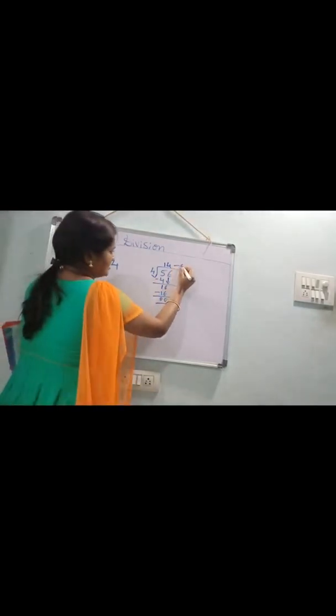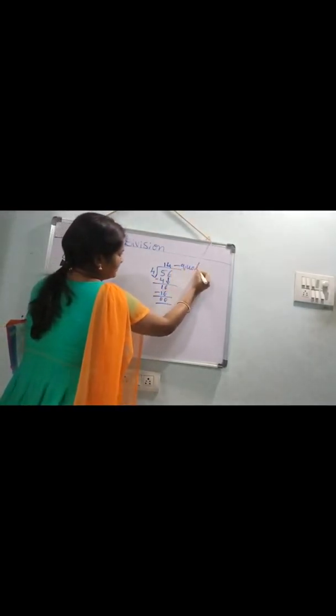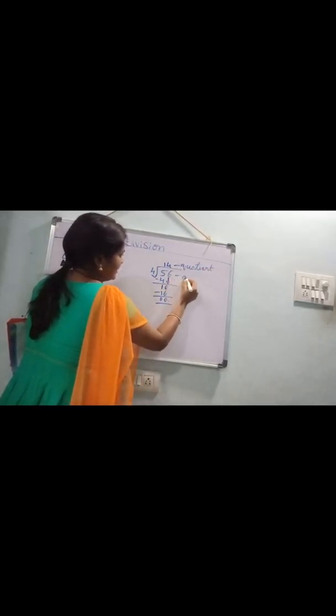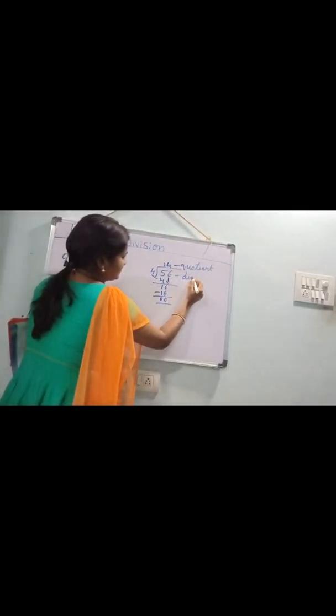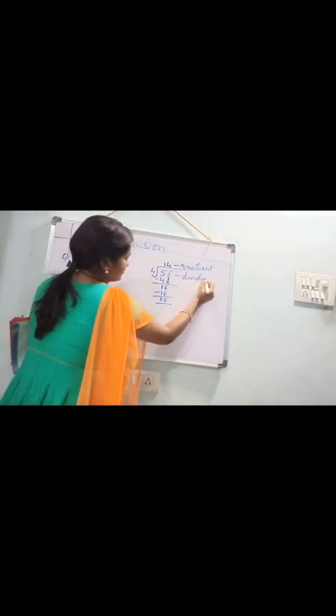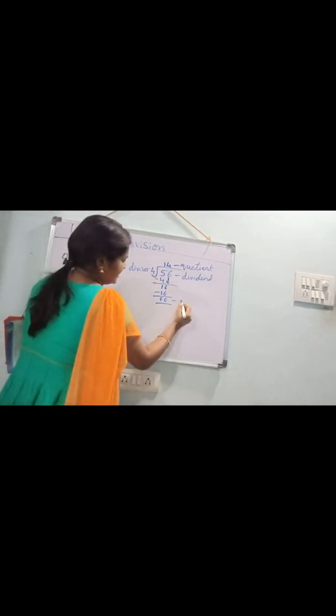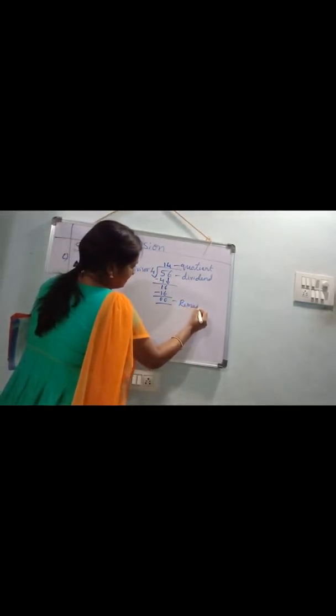See, this is the quotient. This is the dividend. This is the divisor. This is the remainder.